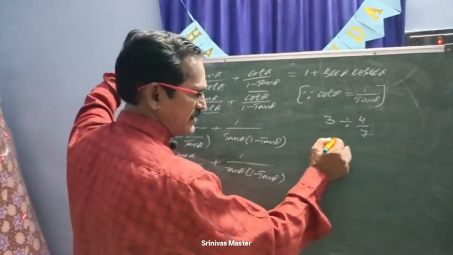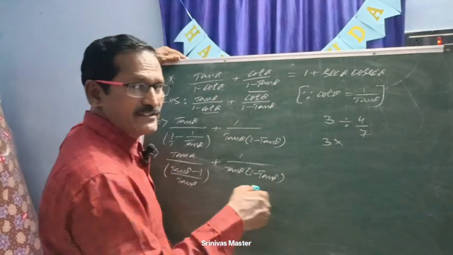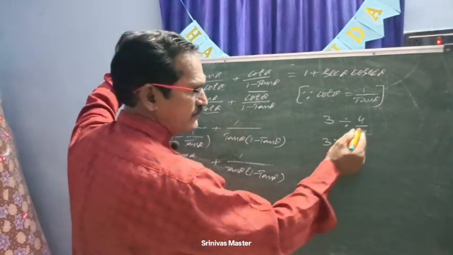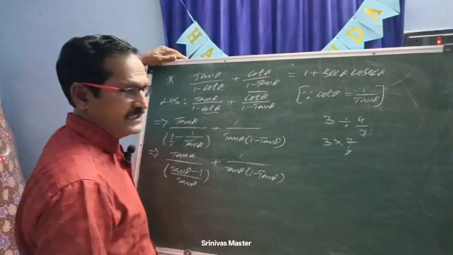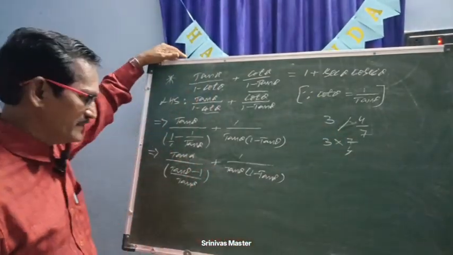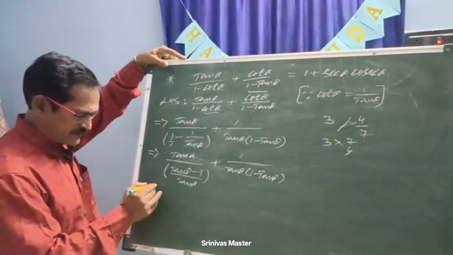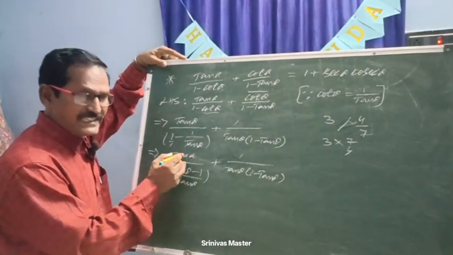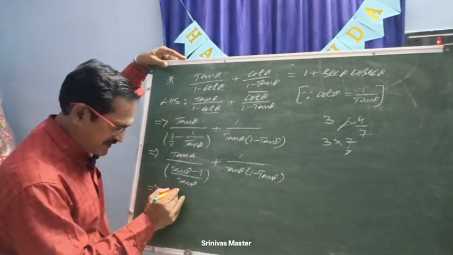That means 3 into, when it is changing, 4 by 7 will be changed to the reciprocal, 7 by 4, right? Divided by means like this also you can write 3 by 4 by 7. Same thing. Tan theta goes to the numerator. So tan theta into tan theta, tan theta and tan theta, how much? Tan square theta.